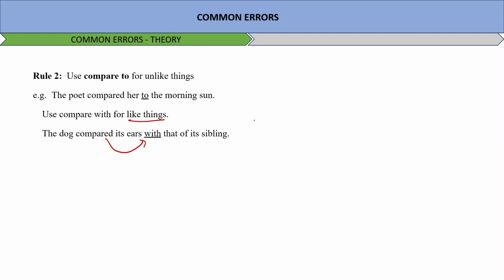We compare with our siblings about facial structure, about our nature, about our behavior compared with our parents, right? Whereas if you're comparing something which is unlike, which is not realistic, which is kind of a personification, you will always use compare to and not compare with. Okay, this is the difference you need to remember and understand also.